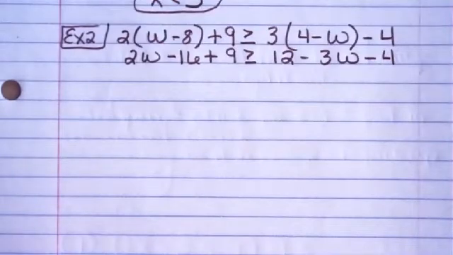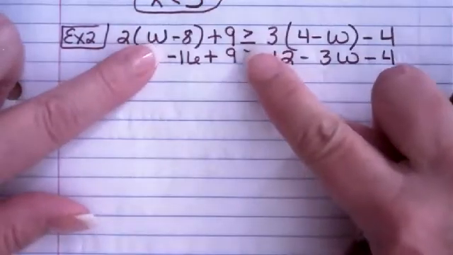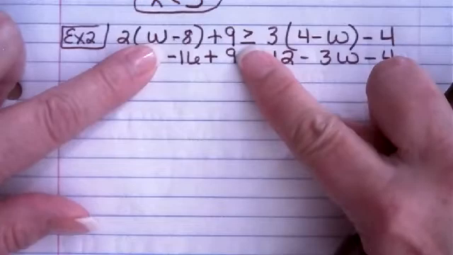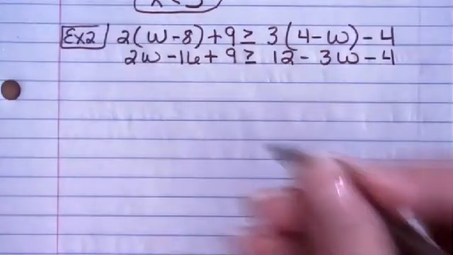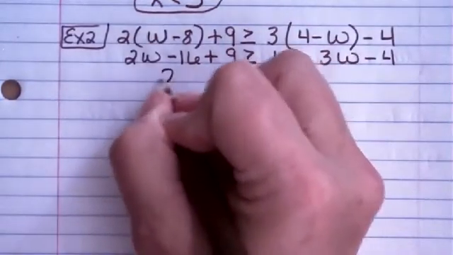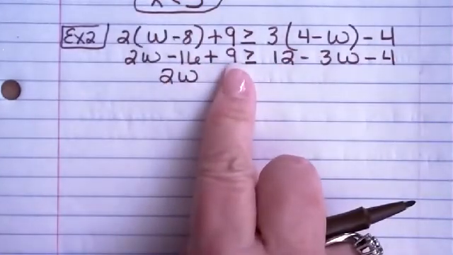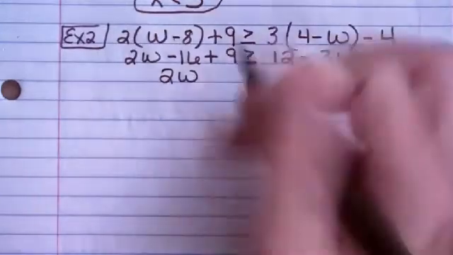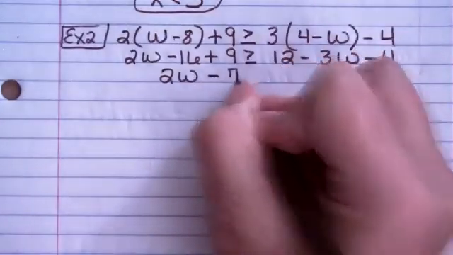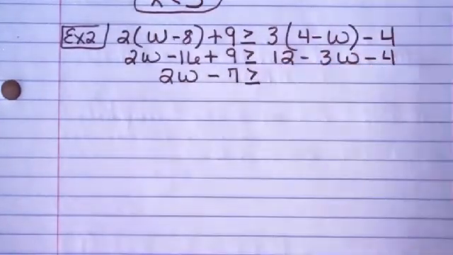Now, in the next step, remember, we're going to combine our like terms. So on the left side, the minus 16 plus 9 is my like terms. So I'm going to have 2w. Now, negative 16 plus 9 is going to be negative 7. So I write down minus 7, greater than or equal to.